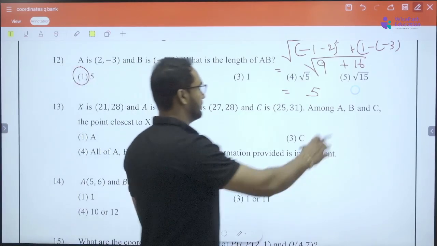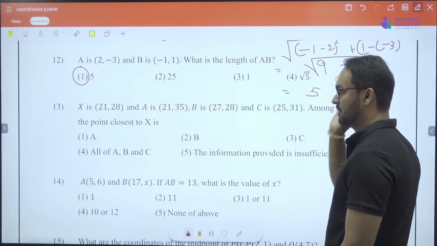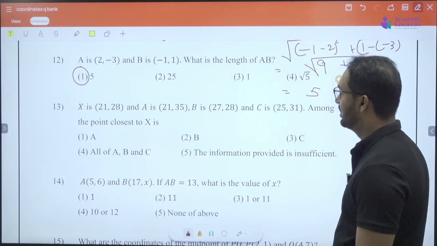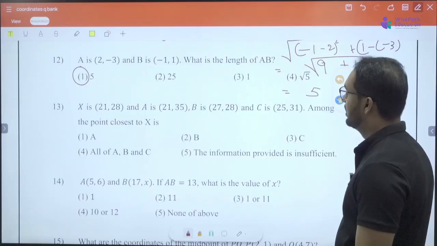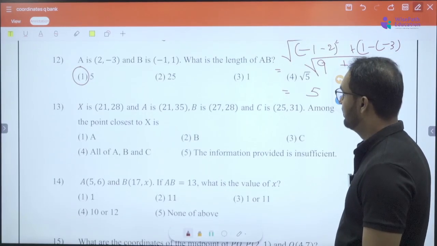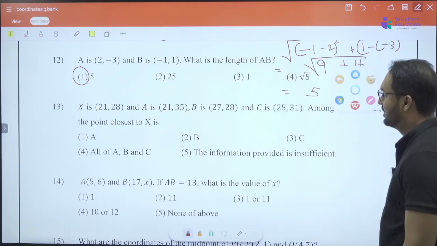Shall we draw this? Can you write it down so we can take it to the board? X is 21, 28. A is 21, 35. B is 27, 28.